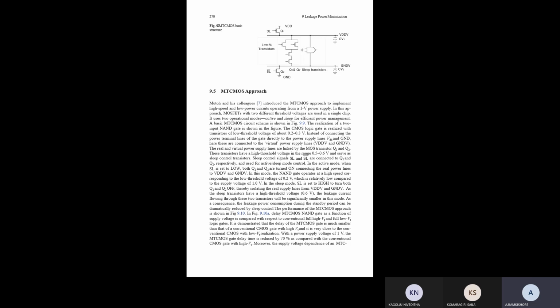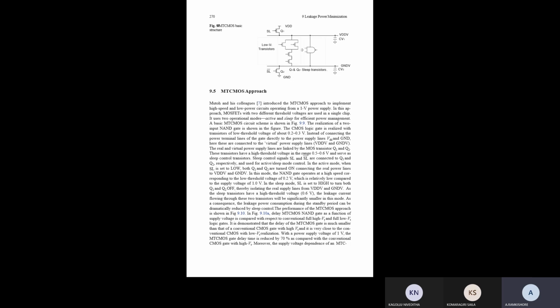Its input is given as low, that means SL, and SL is nothing but the sleep control signal, which indicates the sleep mode.